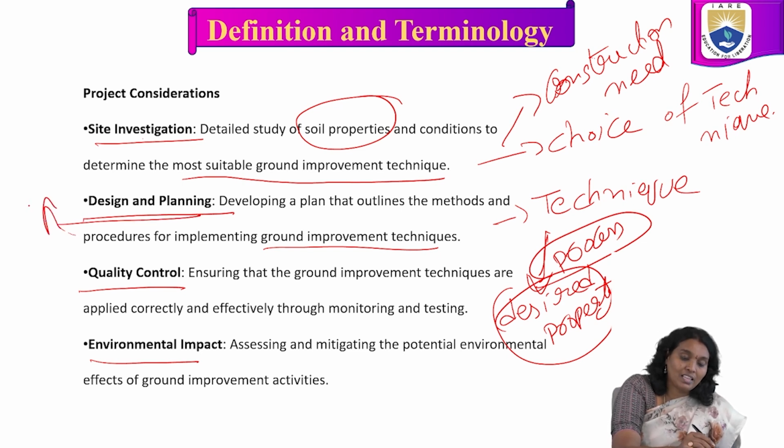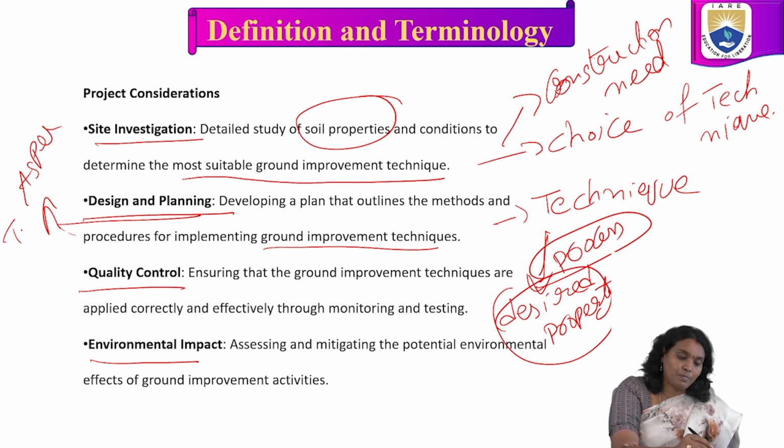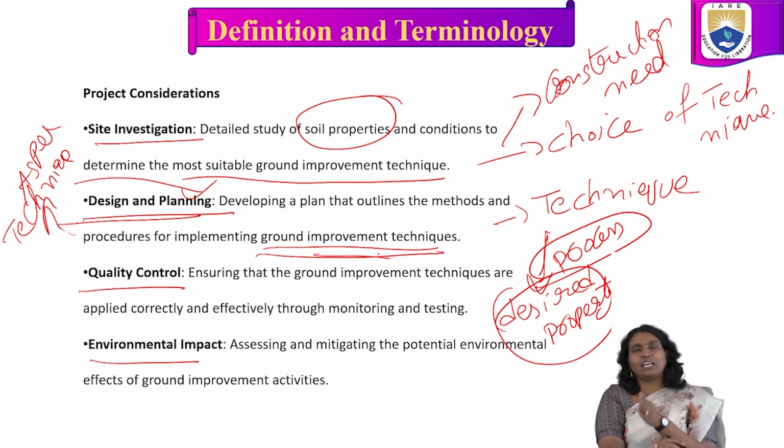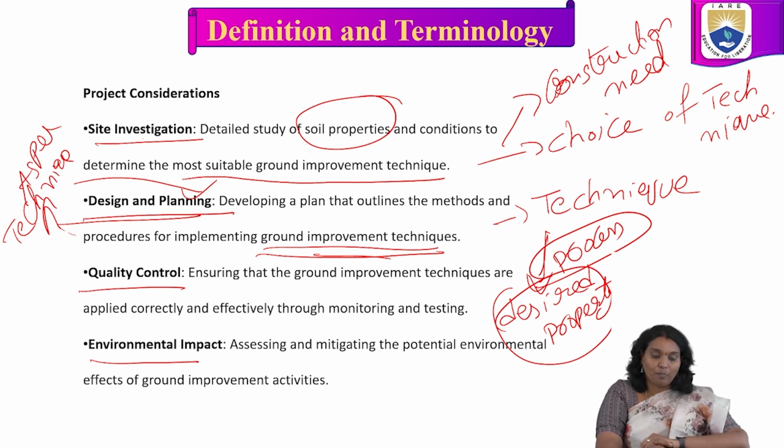So as per the technique, we plan. The plan outlines the method and procedure for implementing the ground improvement technique, depending on the process involved in getting the desired property.